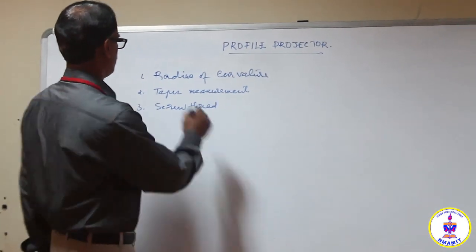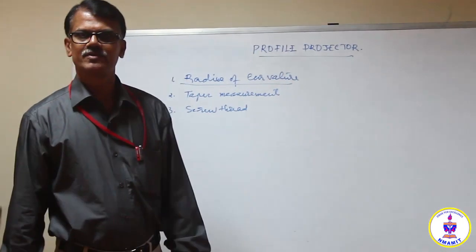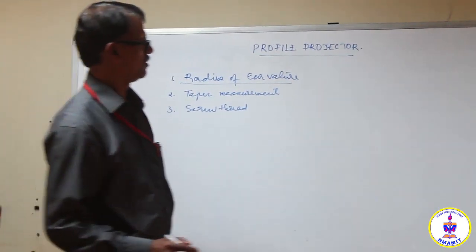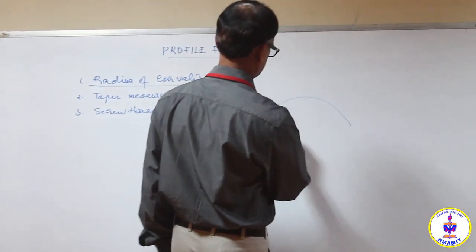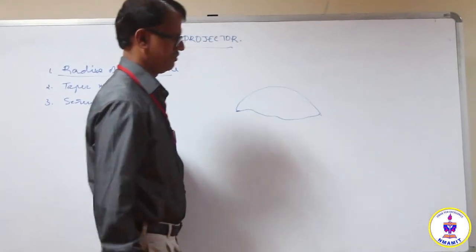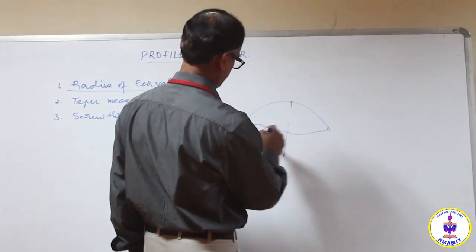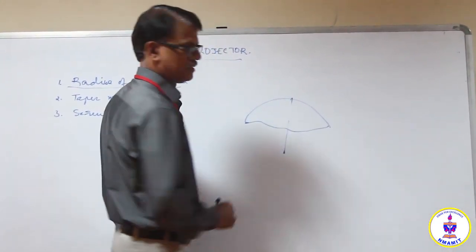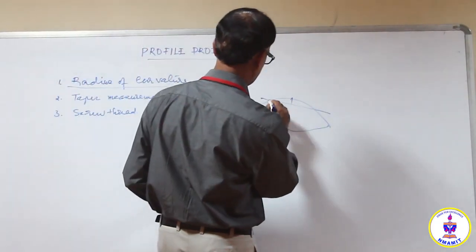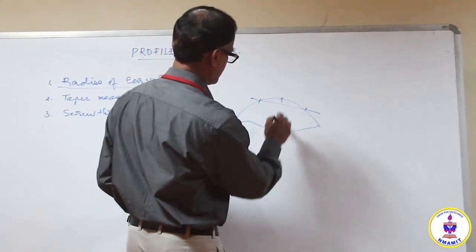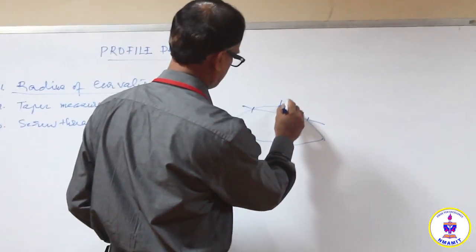So for radius of curvature, when it is required to measure the radius of curvature of a curved profile, like this, a small piece, so this is the center. This is done by measuring a chord length and its height.